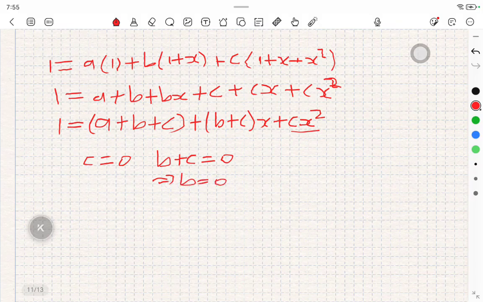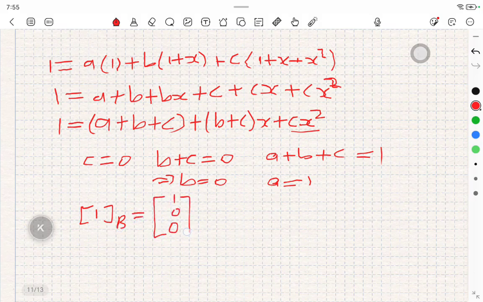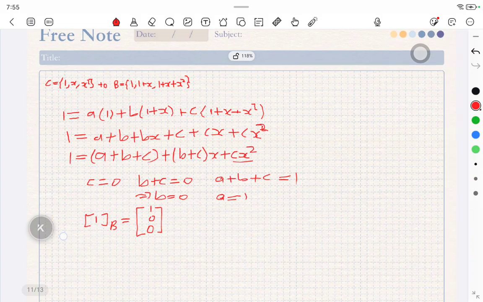Then we say a plus b plus c is equal to 1, meaning that a is equal to 1. Do you agree here? Meaning 1_B would be (1, 0, 0). Then this is correct.